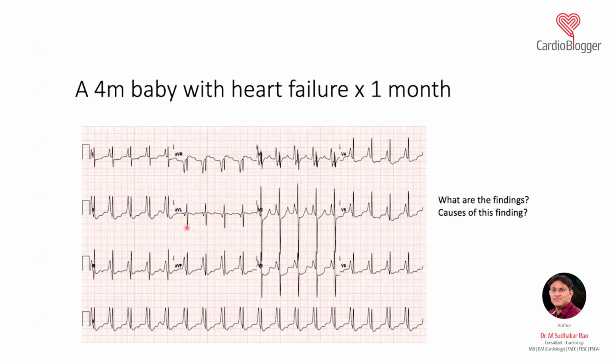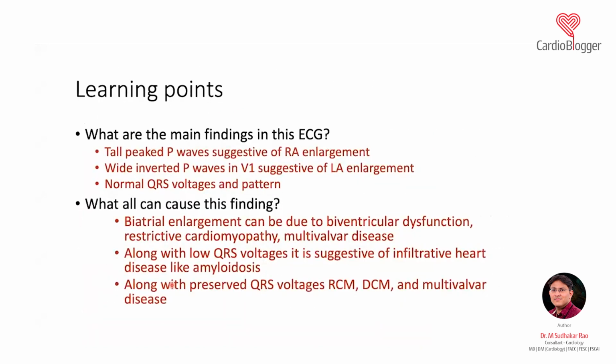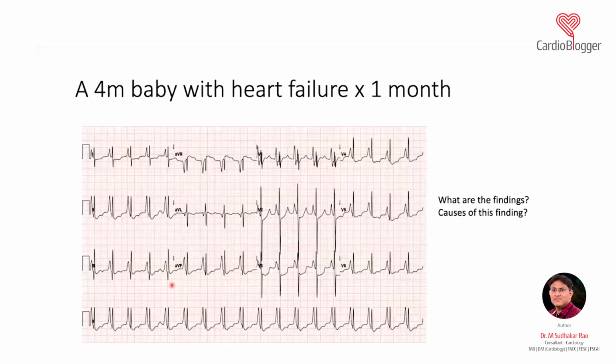So there are two leads which are negative here. If all 5 leads are positive and only AVR is negative, it means the P wave axis is normal, and the normal P wave axis is 45 to 75 degrees, or some people say 0 to 75 degrees. You cannot calculate the P wave axis by yourself.